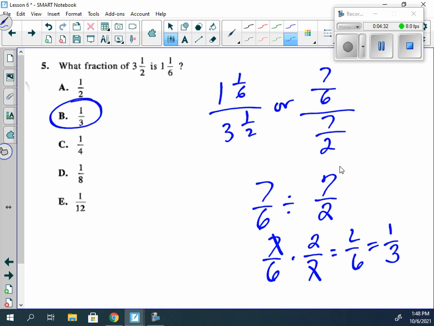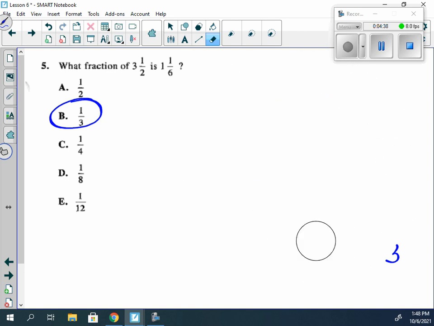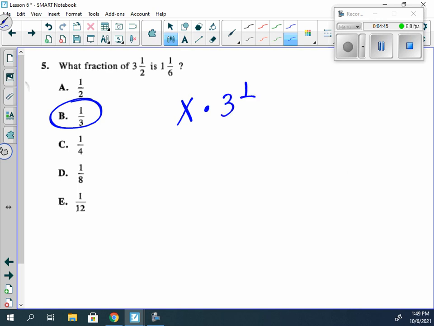Or really, what fraction of is what operation? Multiplication. So what fraction of 3 1/2 is 1 1/6?